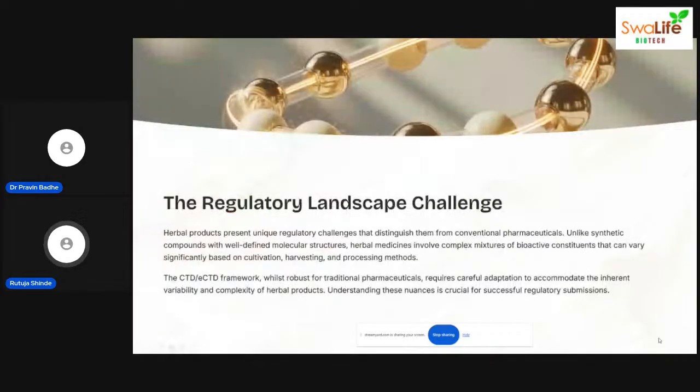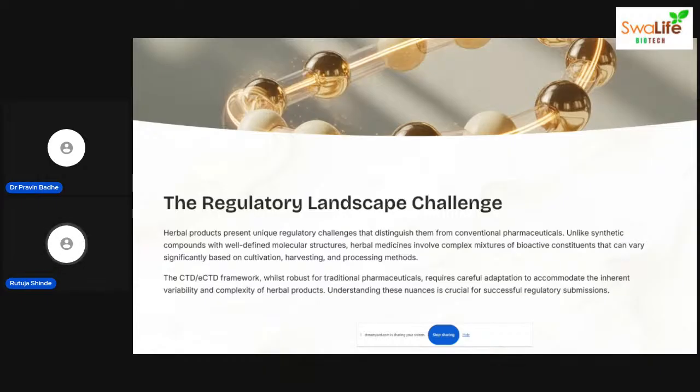So, the regulatory landscape challenge. Herbal medicines are quite different from synthetic drugs. Synthetic drugs are usually a single molecule with a well-defined structure. Herbal medicines, however, are a complex mixture of many bioactive compounds.